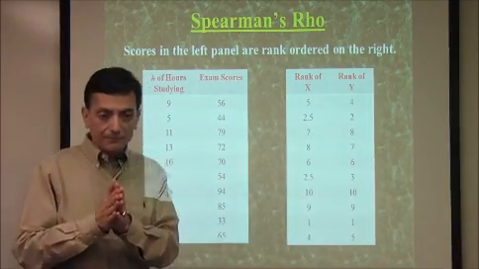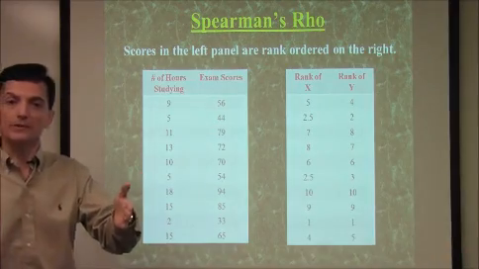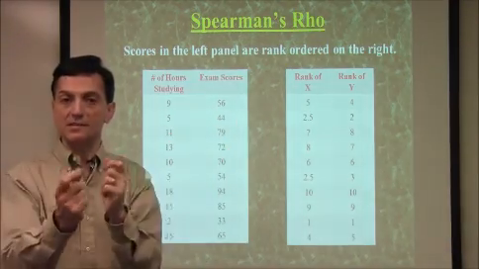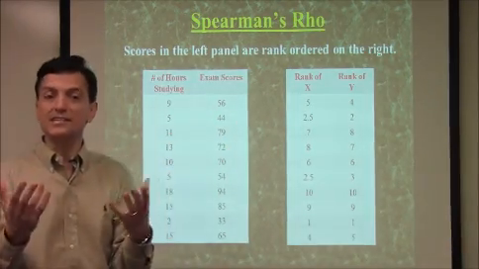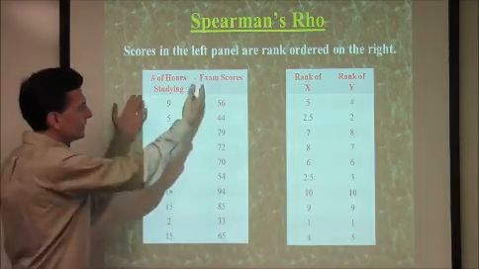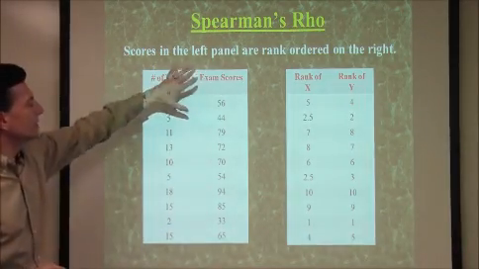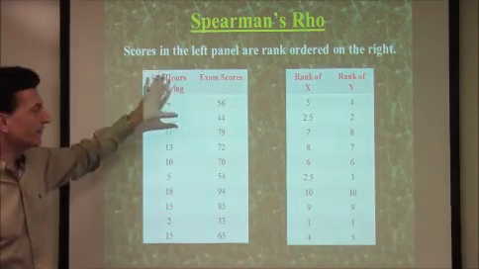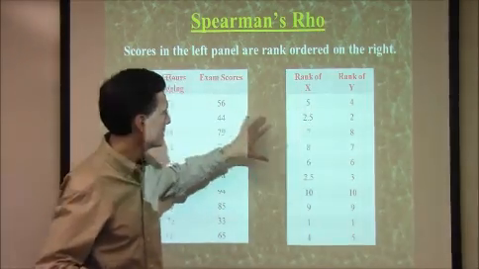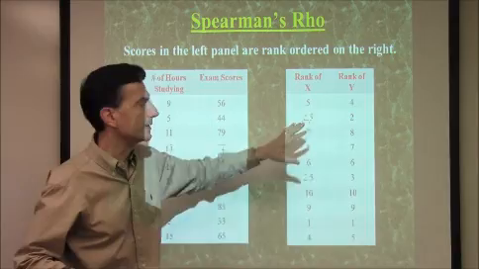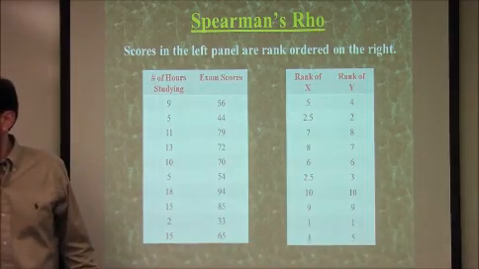The distance between 40 and 60 is similar to the distance between 60 and 80. There's a step of 20 there, and 20 means the same thing. So we have ratio data here. Okay? And what we want to do is take this left-hand panel and convert it into some kind of rank. So same scores, but now we begin rank ordering these scores. Okay? How do we do that?